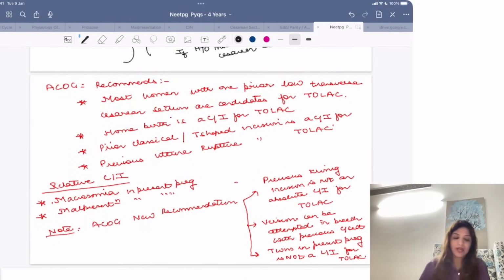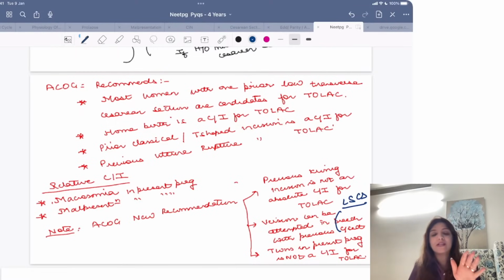Yes. Now, ACOG says that in case of previous lower segment cesarean section and you have a breech, the new ACOG recommendation is that if it is previous LSCS and breech, then you may attempt a version. But with classical cesarean section you are never going to do a version.